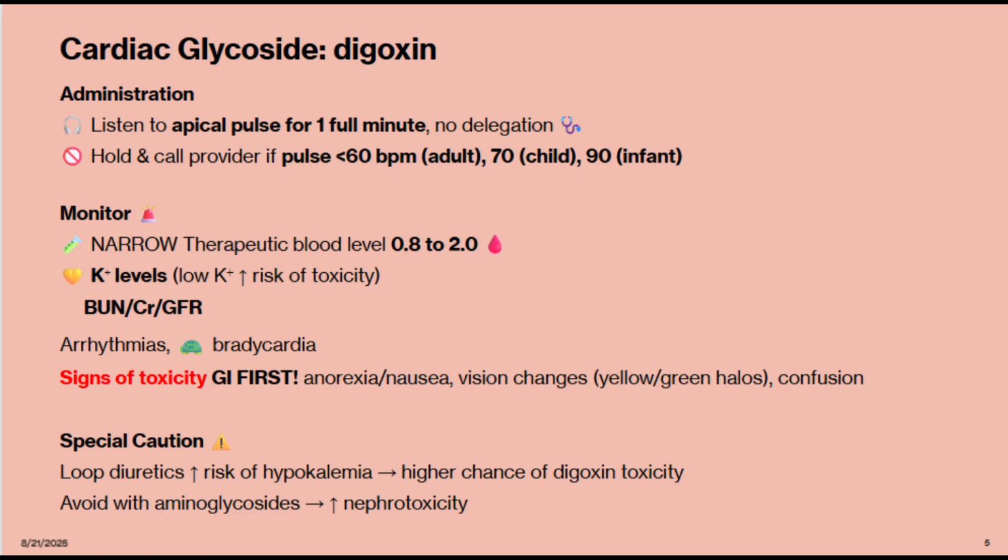So monitoring the potassium levels and the BUN, creatinine, and GFR. So if you have a client that is on digoxin and a loop diuretic and that risk of hypokalemia, a greater chance of digoxin toxicity. So really important to continue that assessment. And we want to avoid aminoglycosides because of that increase of nephrotoxicity.